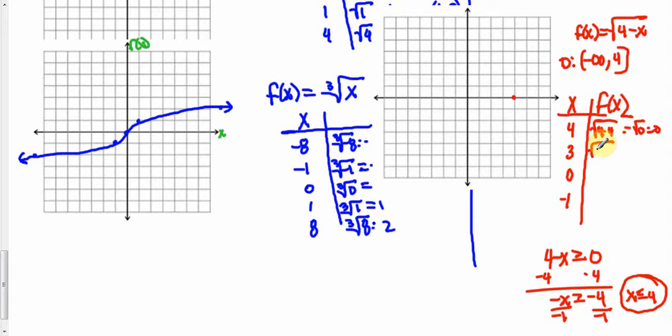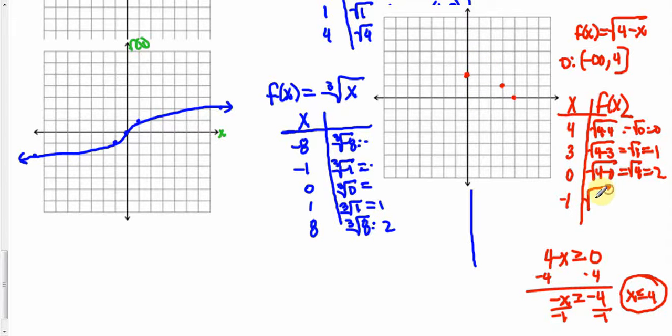The square root of 4 minus 3 is the square root of 1, which is 1. So that ordered pair is 3, 1. The square root of 4 minus 0 is the square root of 4, which is 2. So that ordered pair is 0, 2.